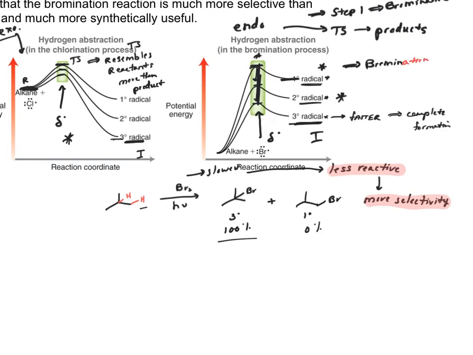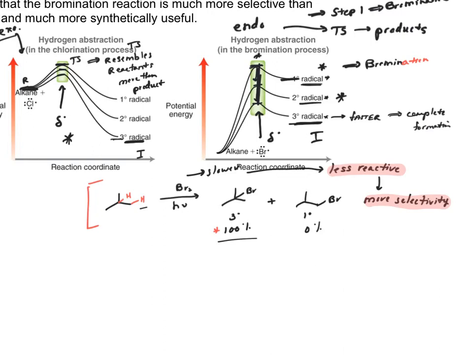Long story short, the reaction that we're really going to move forward with is the radical bromination reaction, because it does allow us to control the products, right? So we know that we'll get almost 100% of the time the more substituted alkyl halide. And moving forward, that's what we're really going to use, okay?